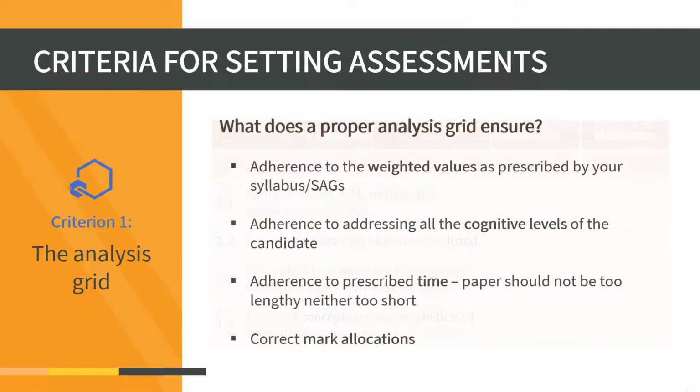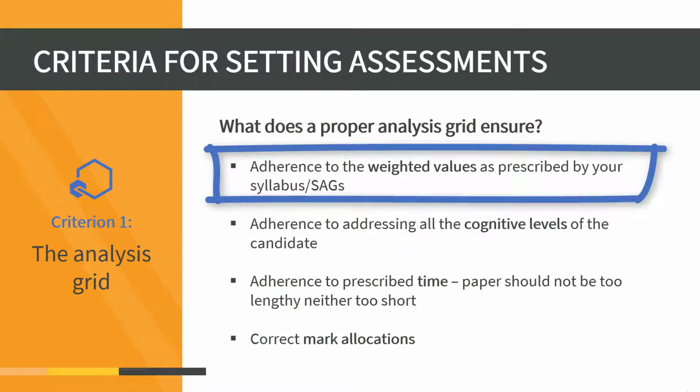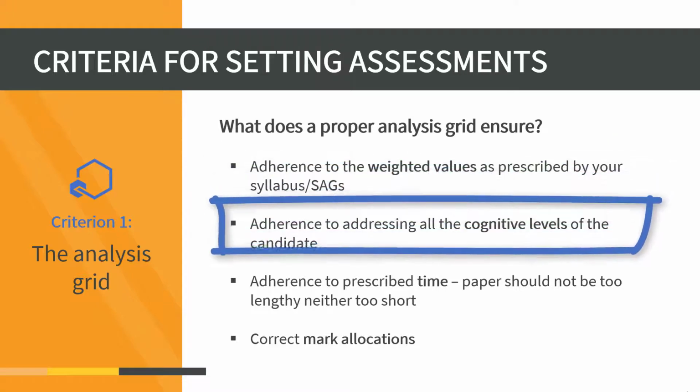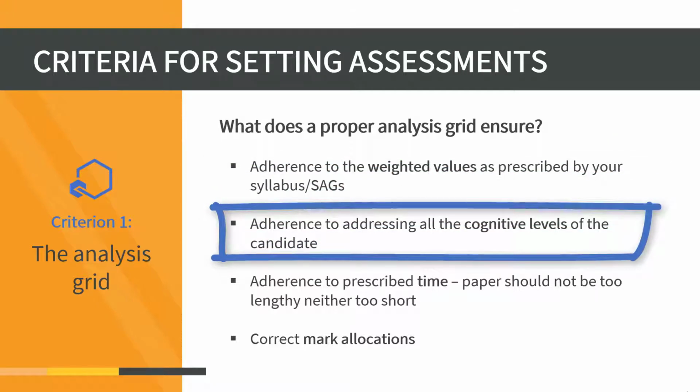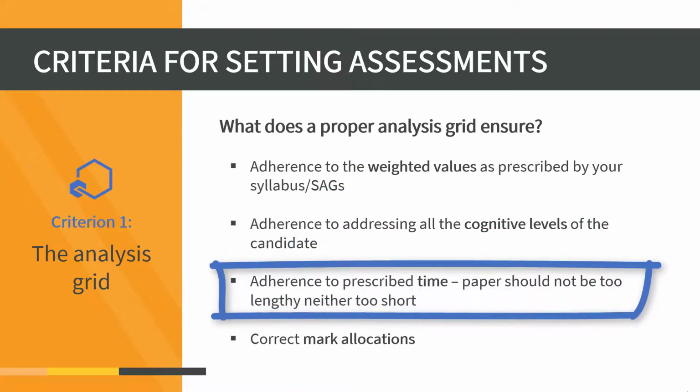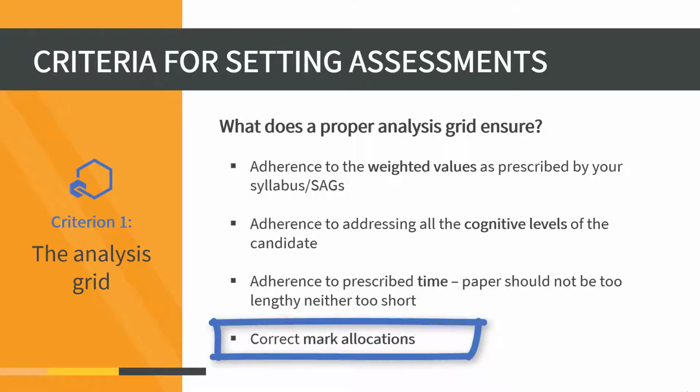Assessors and examiners need to adhere to these weighted values when setting a final paper. You will know that all cognitive levels have been covered, the time allocation is correct, and the mark allocations are correct. Thus, the paper is of the correct standard.